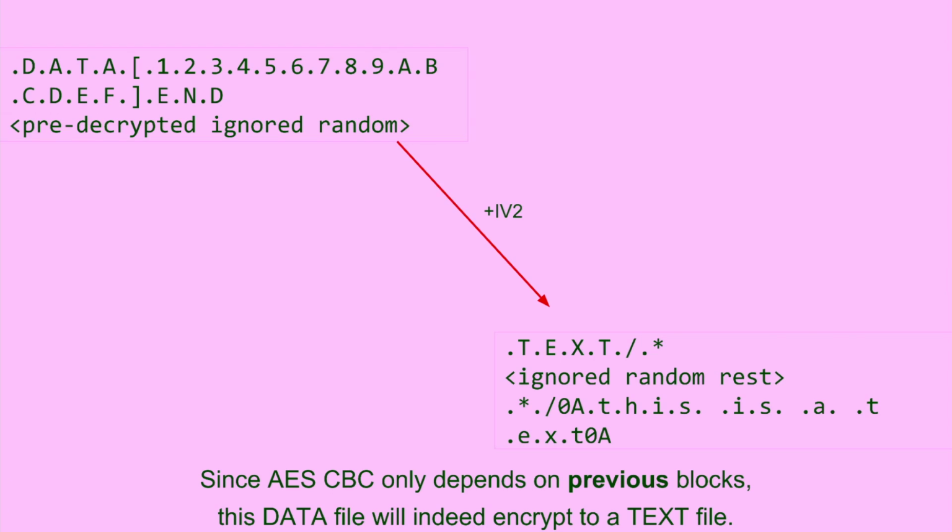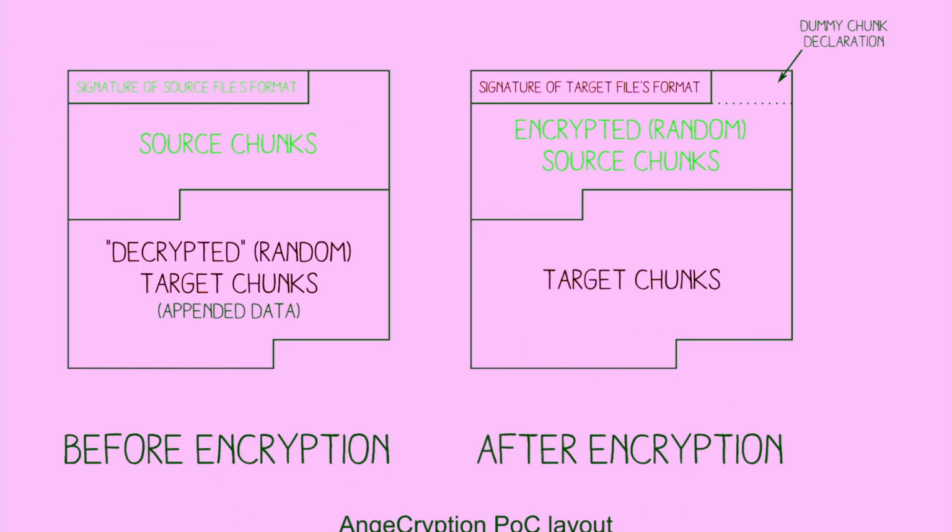But it's perfectly normal AES, and AES CBC is seen as secure. So it's not a problem. It's not that AES is broken. It's not that CBC is bad like ECB. It's just standard, normal. It's a part of the specs all along, because the file format tolerates extra data and appended data. So that's the layout of the files before and after encryption, another view.